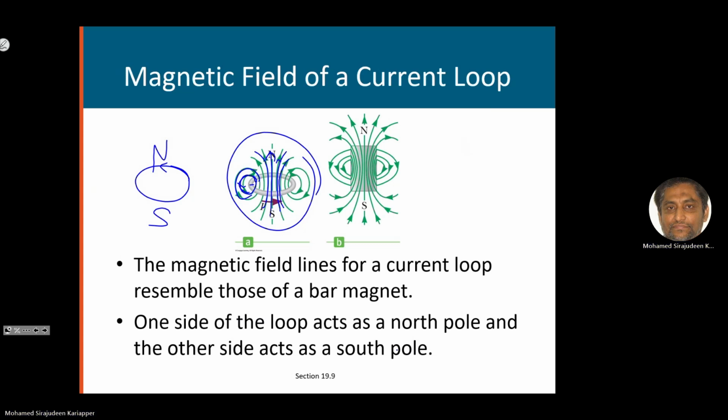And we can have more than one loop. You can have more than one loop, and it will become even clearer. So inside this coil, the magnetic field is like that, and at the top you have the north pole, at the bottom the south pole.